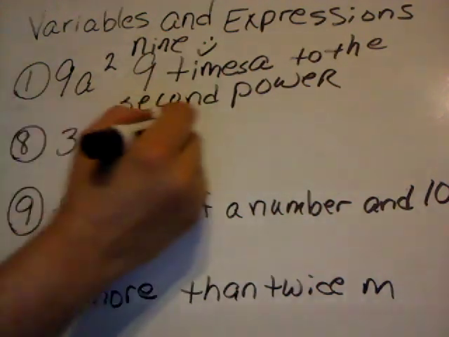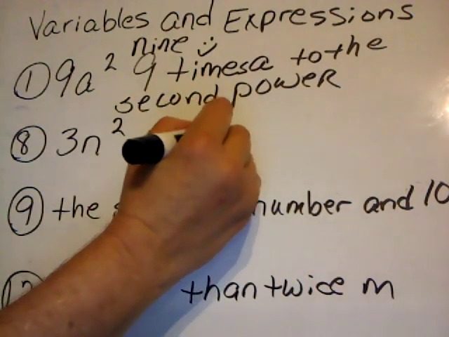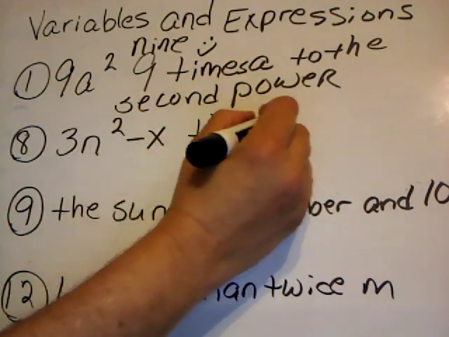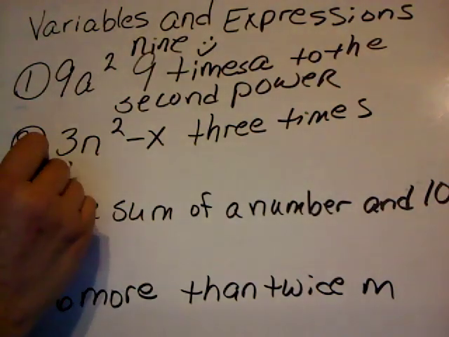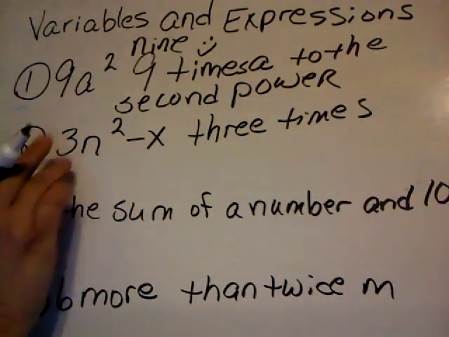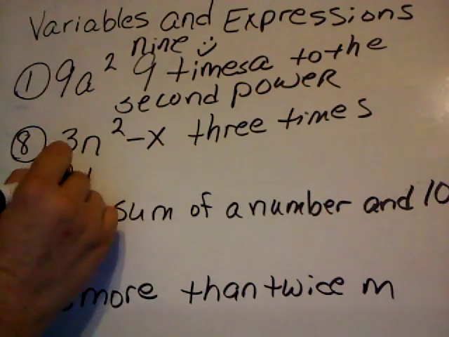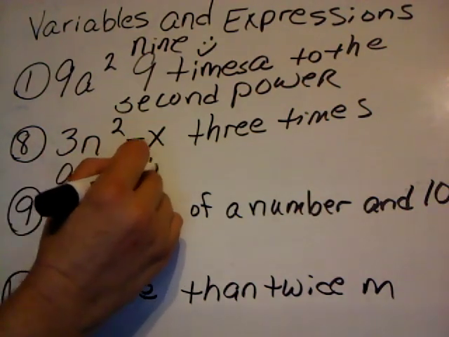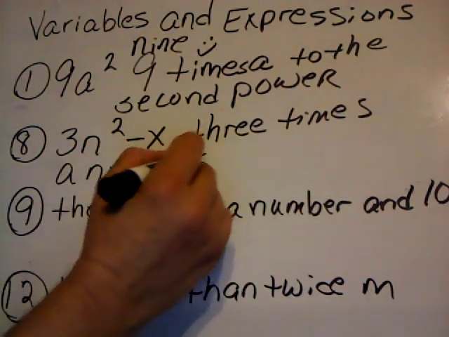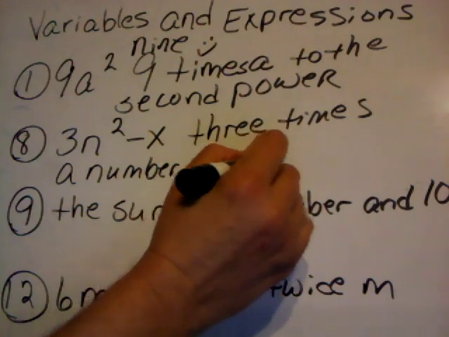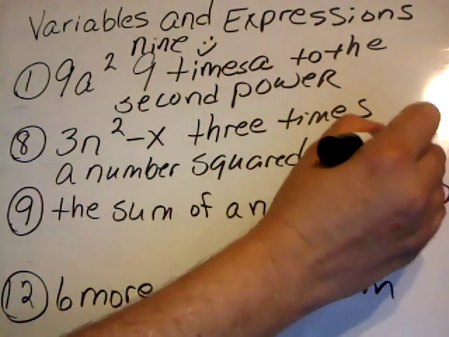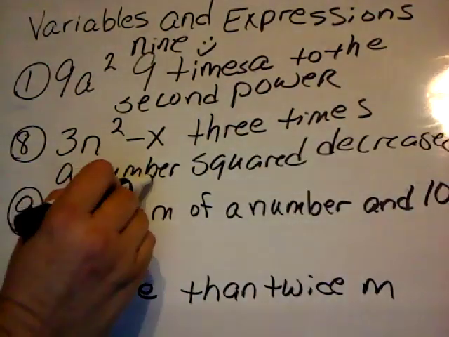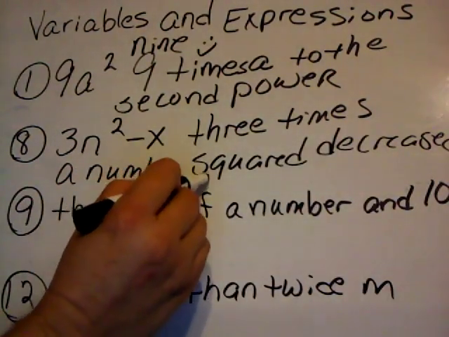So I'm going to write 3 times a number squared decreased by x.